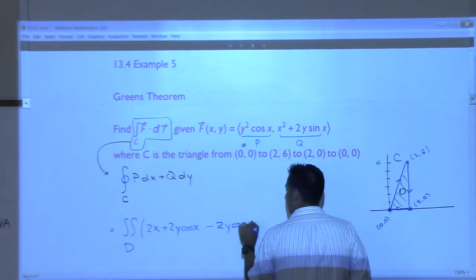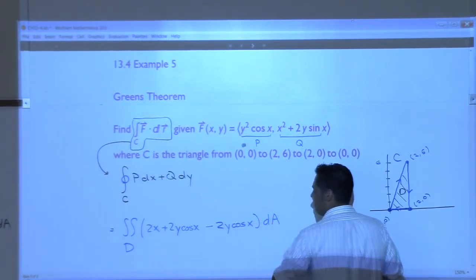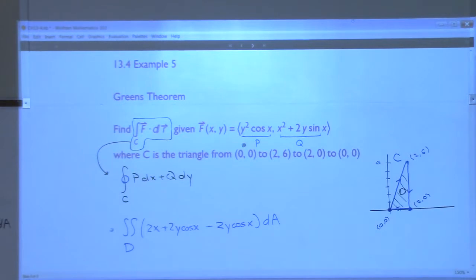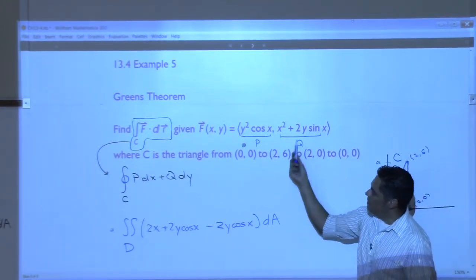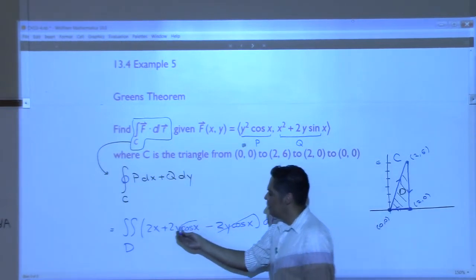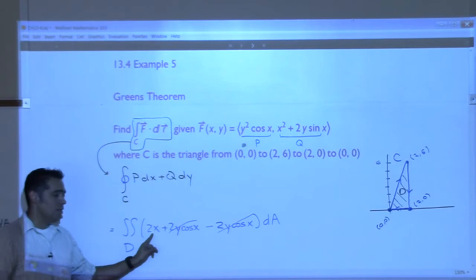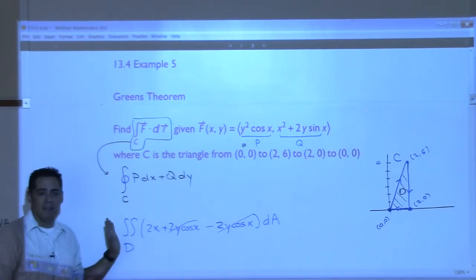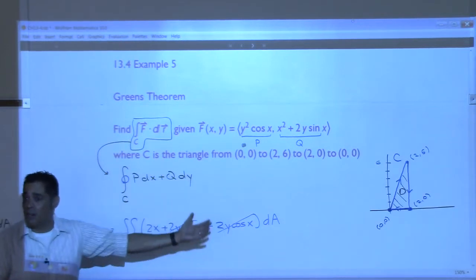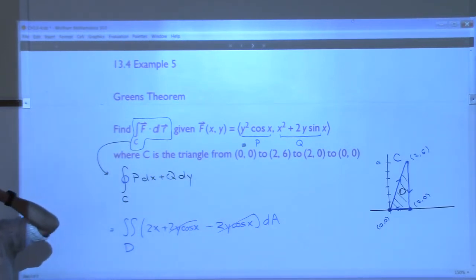It's almost like they made the problem to work out nice for us, right? And they did. Look at that, these are gone. And so all I'm integrating is 2x. Sure, I wish it was 1. Don't you wish this was a 1 or a constant? Because then you can just pull it out and it's whatever the constant is times the area of D, and I think we could all find the area of that triangle easily.